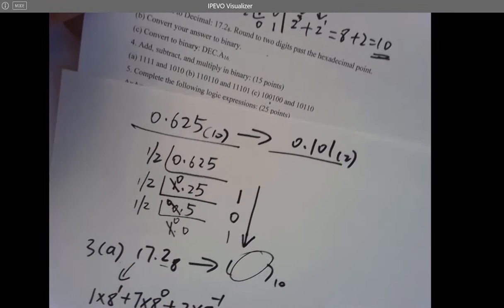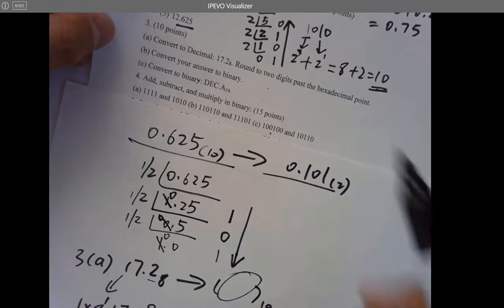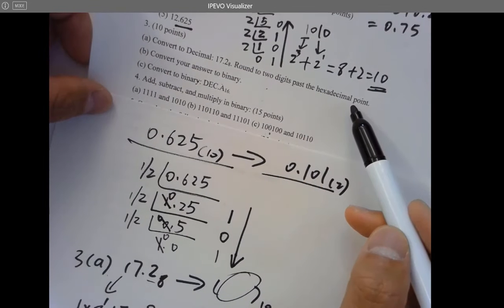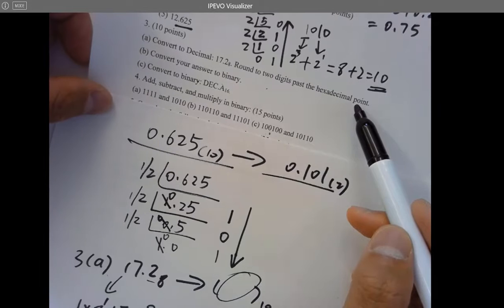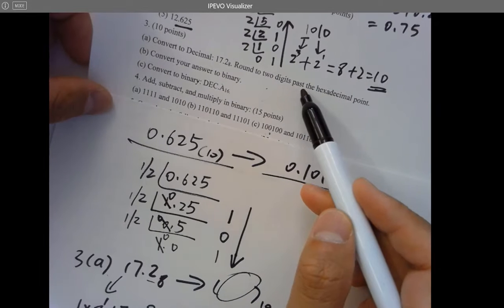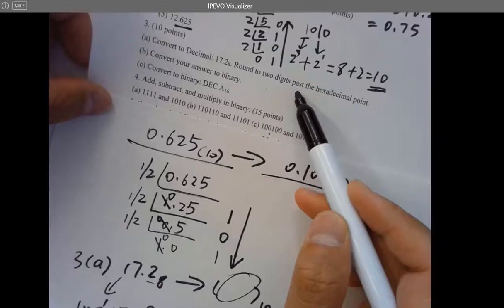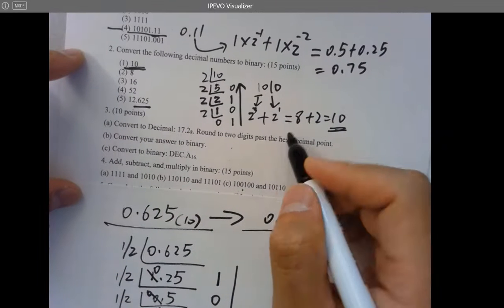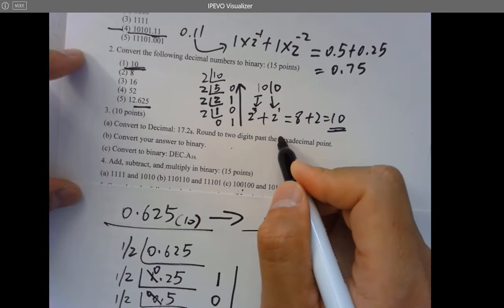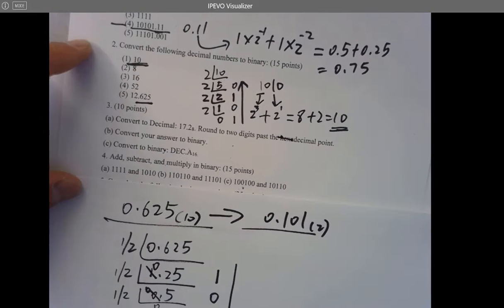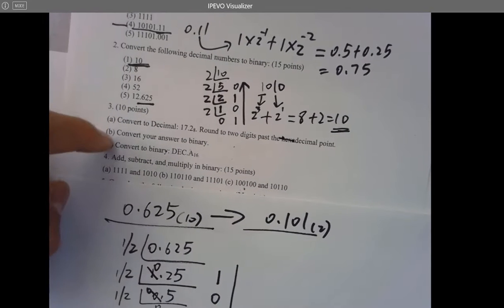And round it to 2 digits past the decimal point. Wait, convert to decimal. I don't think there should be a hexadecimal point, right? Because it's not hex at all, it's a decimal point. Convert the answer to binary.